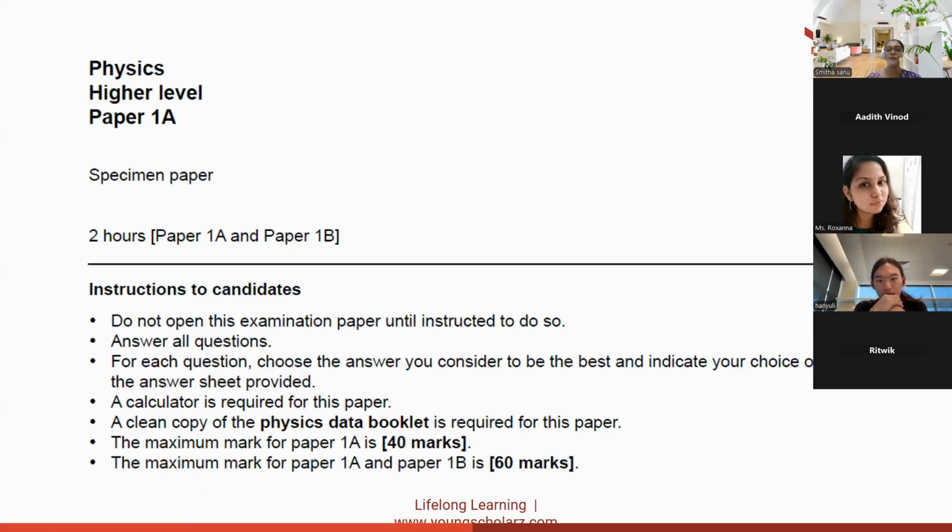This is the front page that your paper will look like. These are the expected instructions you can see. And if you see the last part, you can see the marks and the division. 1A is for 40 marks and 1B is for 20 marks. And ensure that you are getting the data booklet.